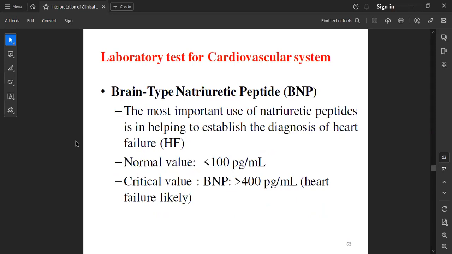The other marker is BNP, brain type natriuretic peptide. This one is for diagnosis of heart failure. The normal values are less than 100 picograms per ml. The critical value for BNP is over 400 picograms per ml, which means heart failure is likely.